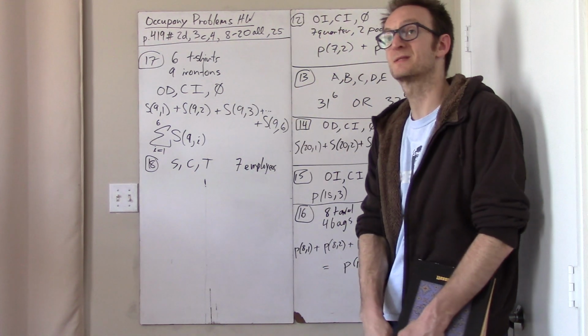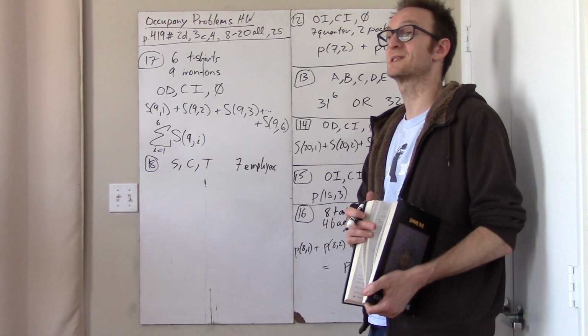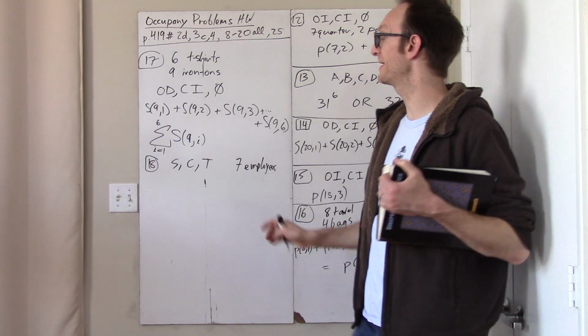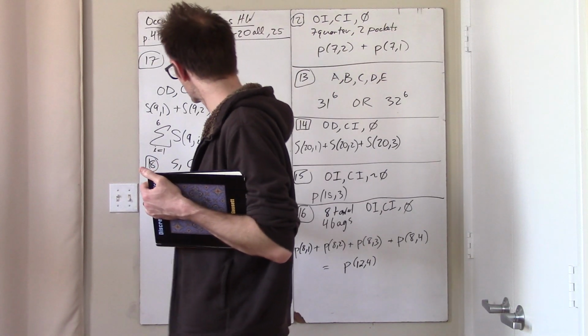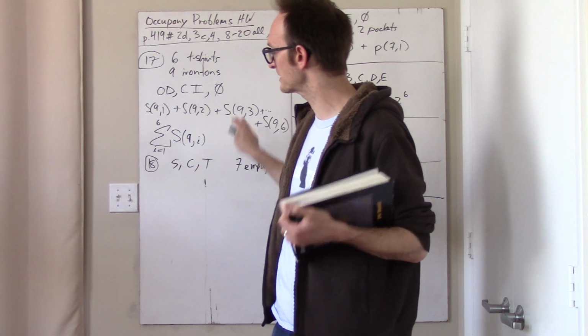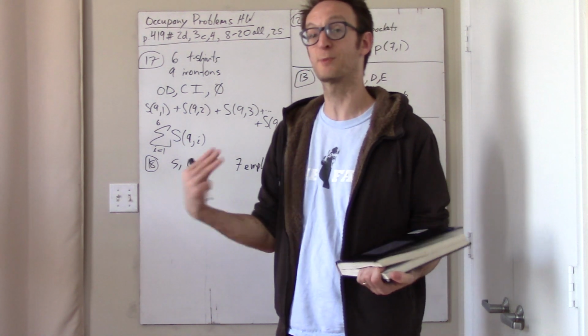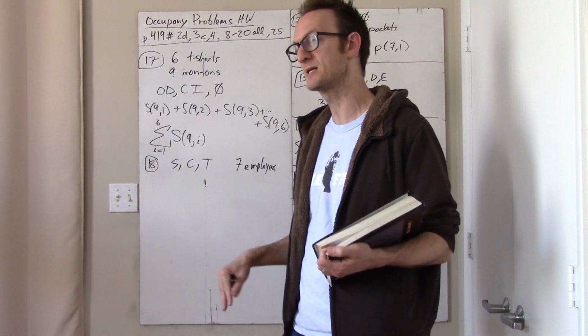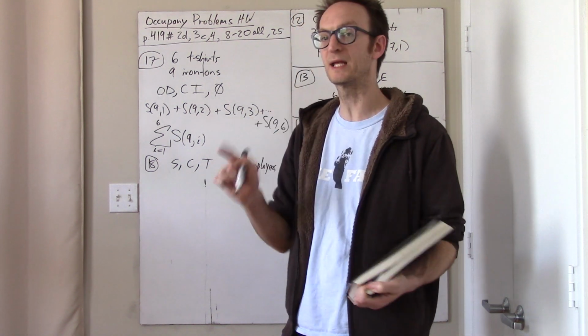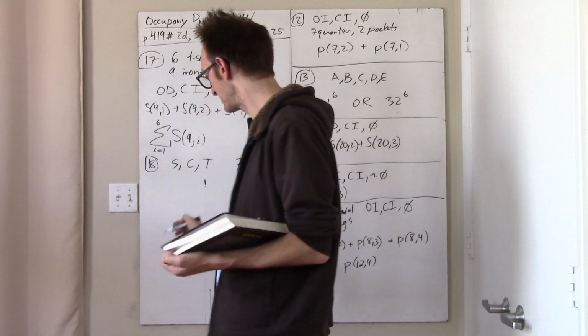The way to go about this instead is to think of the tasks as being containers, and think of the employees as being objects that we're placing into those containers. And based on the way we've developed partition numbers and Stirling numbers of the second kind, it's easier to temporarily consider those containers to be indistinguishable.